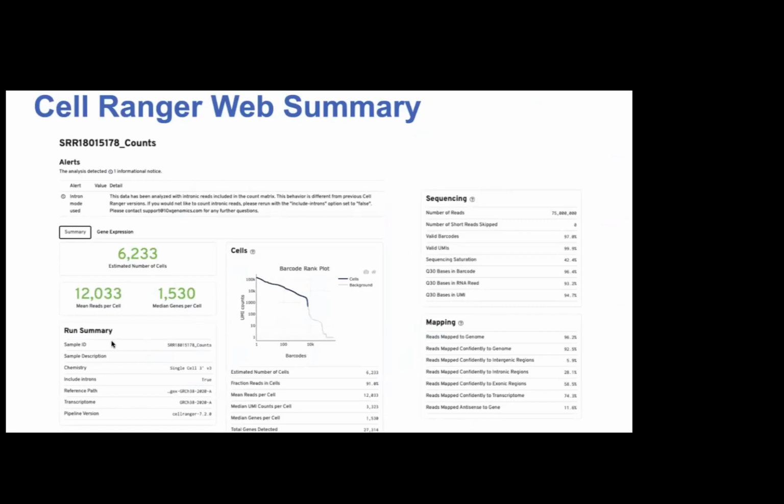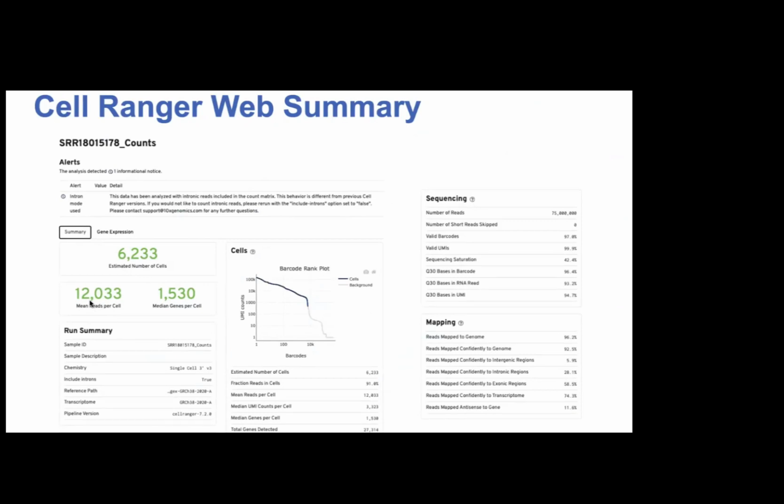Okay, so the web summary of this is pretty nice. It tells you what the expected number of reads of cells is. So it says it found 6,233 cells. It found 12,000 reads per cell on average, which isn't a lot, right?